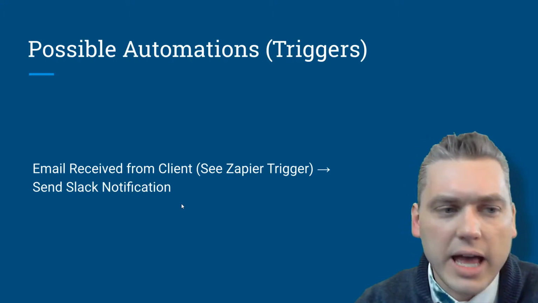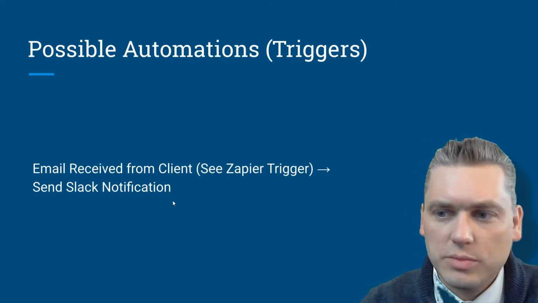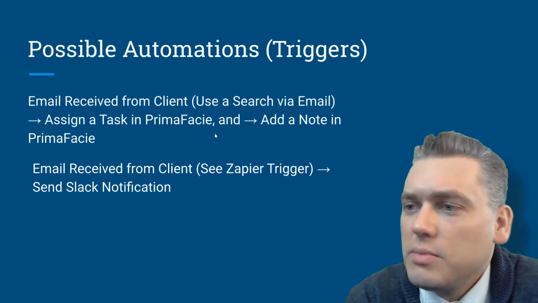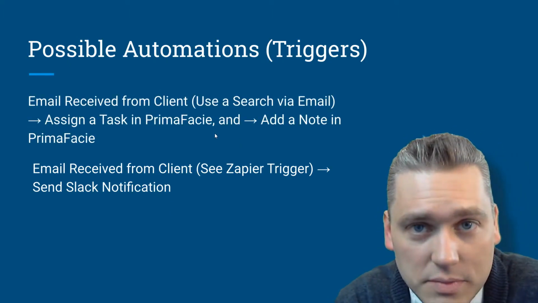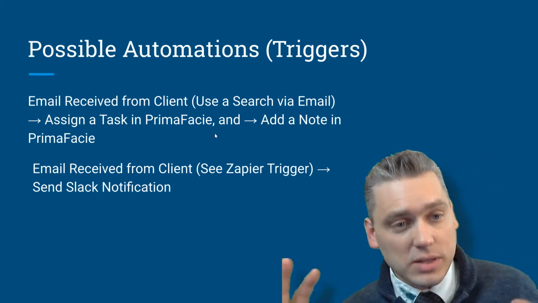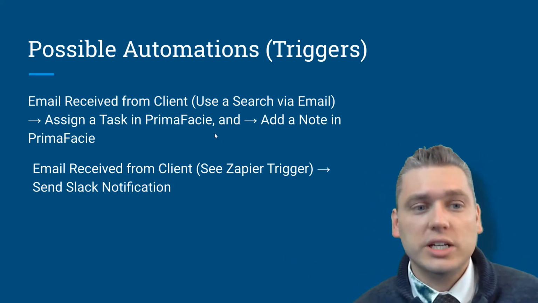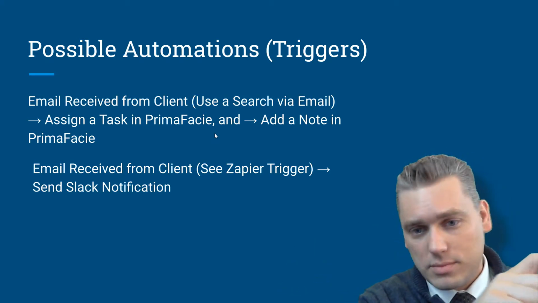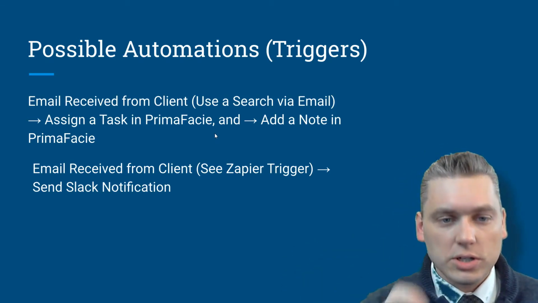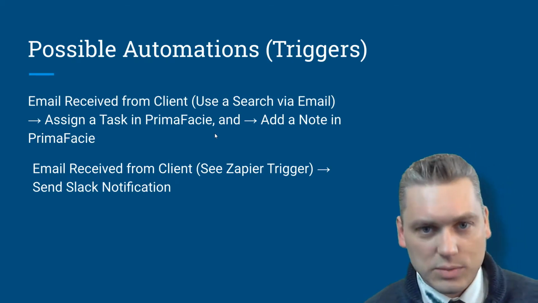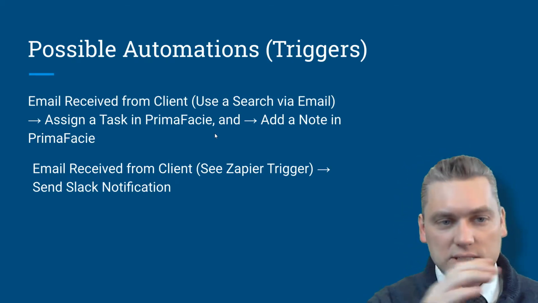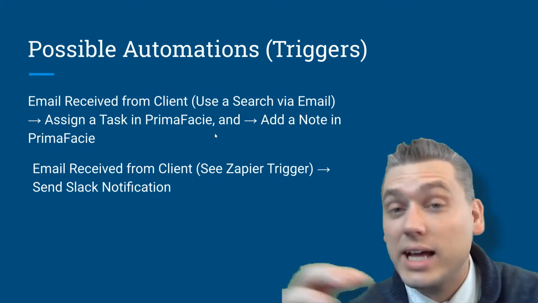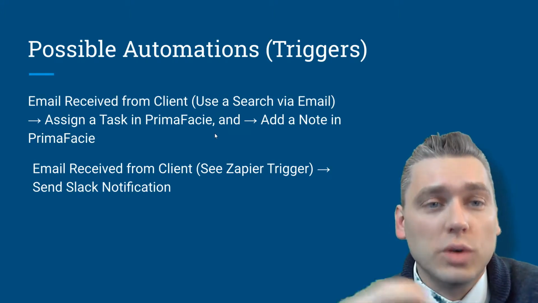Okay, so we talked about some of the actions that you can use with Gmail, but what about triggers? And I think, yeah, we automated this out of order here. So when an email is received from a client, you can set up triggers inside of Gmail where you can say, all right, when I get an email in this account and it's from, you know, whatever email address, I want you to search inside Prima and see if I have a customer with that and if they have a case, and then I want to send them this type of email, or I want to assign a task inside of Prima to one of my staff.